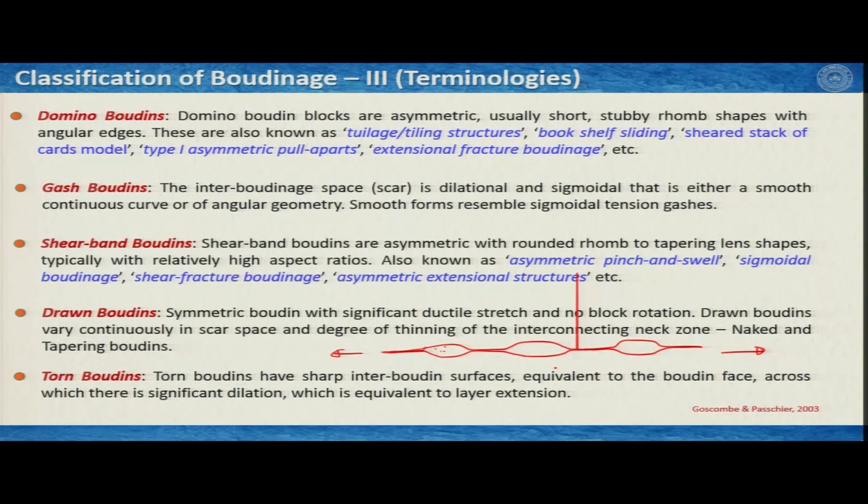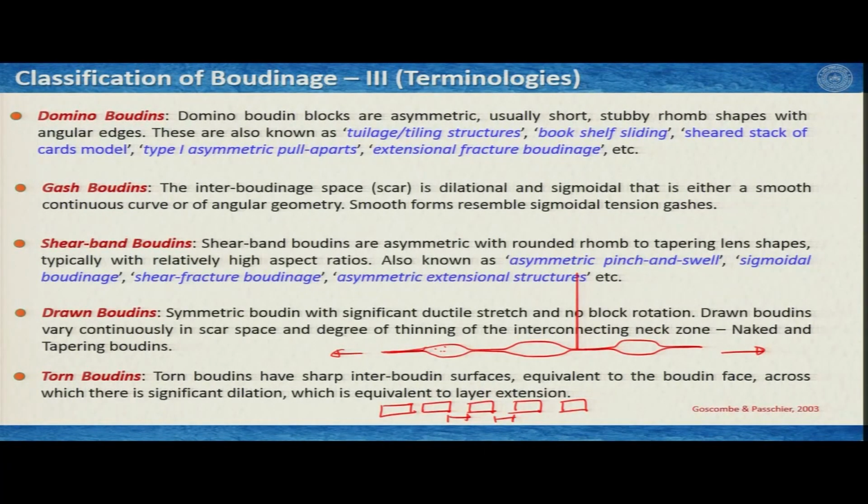And torn Boudins have sharp inter-Boudin surfaces. So, it is like this and equivalent to the Boudin face across which there is significant dilation. So, these are the dilations we can talk about, which is also equivalent to the layer extensions.